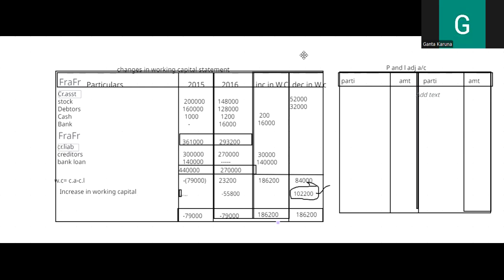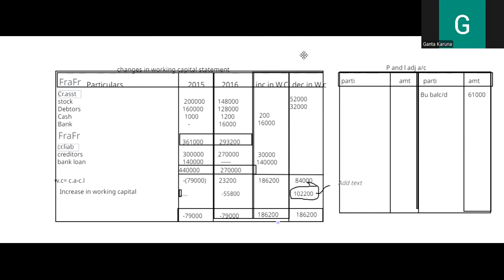Here I got a general reserve and a P&L. Whenever I have a P&L, I will give preference to the P&L account only. If I don't have a P&L, then I will take my general reserve as my profit. Okay, fine. So first I always give preference to P&L.